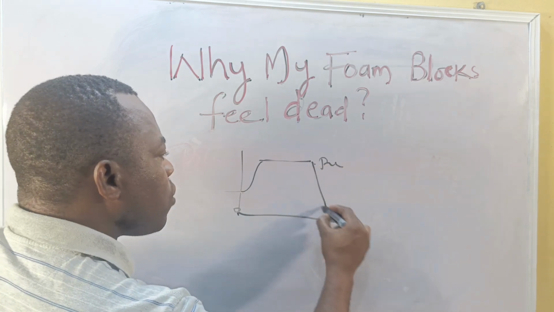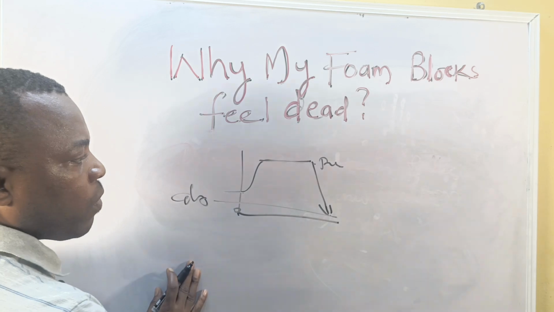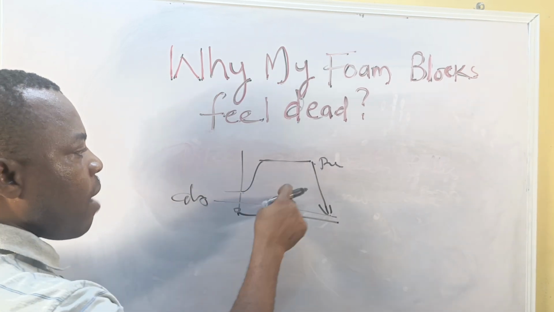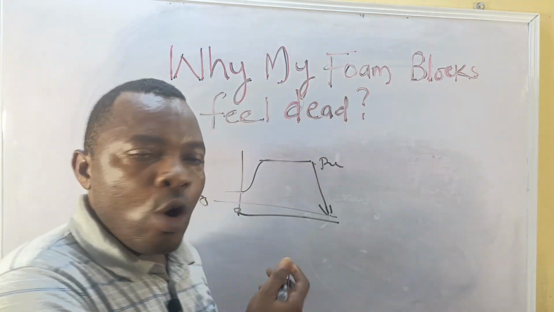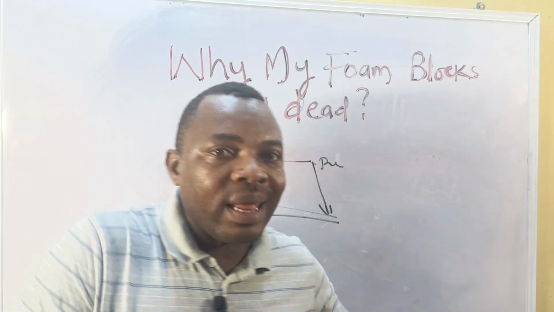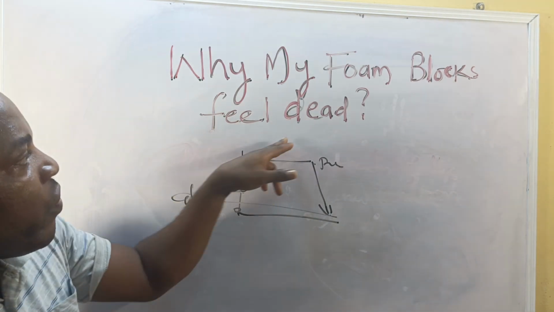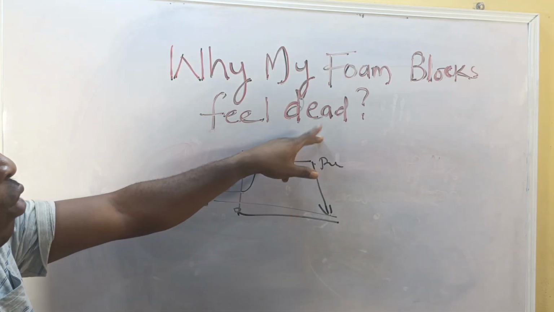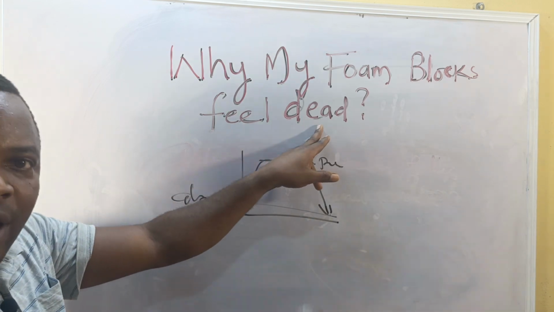Then it will come down, and coming down, it will be equal to the atmospheric temperature. When the system falls below this, the foam will shrink. But it may not shrink completely. By showing me this, it means that the polymerization reaction occurred too soon during that reaction.